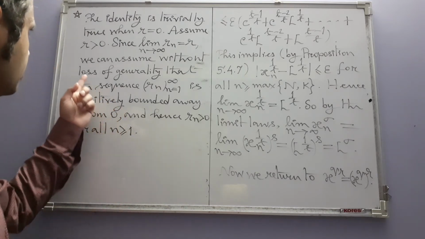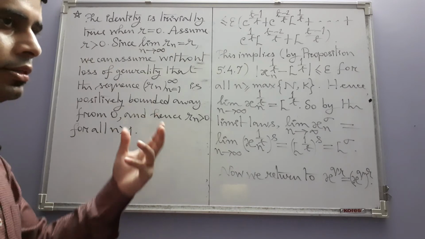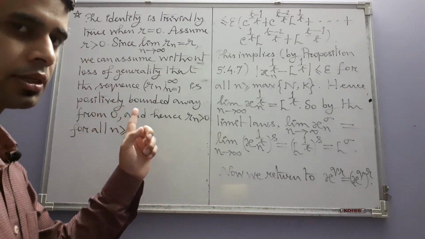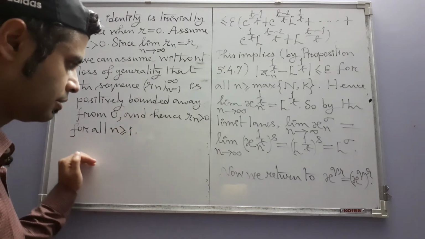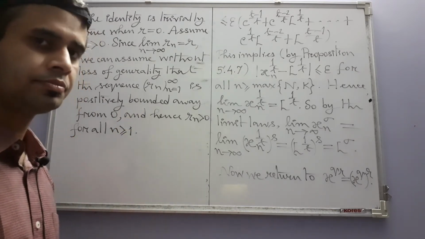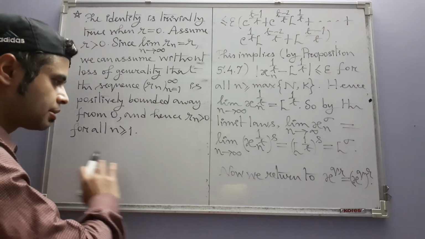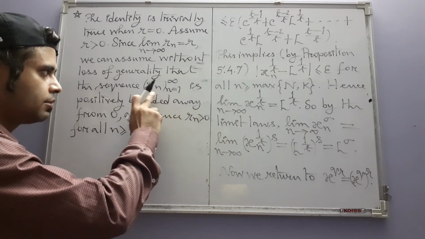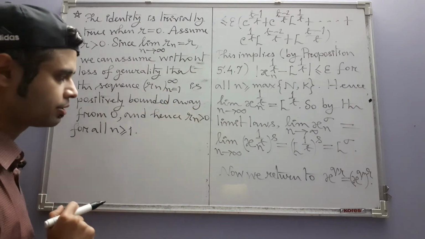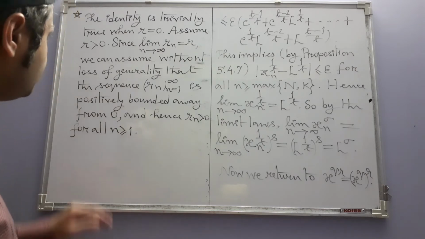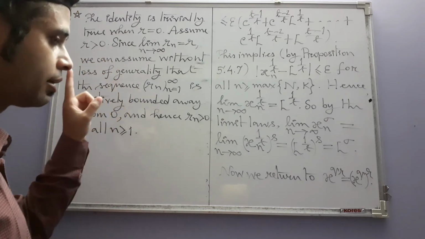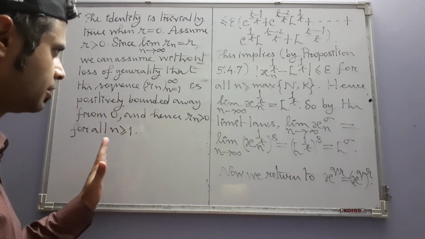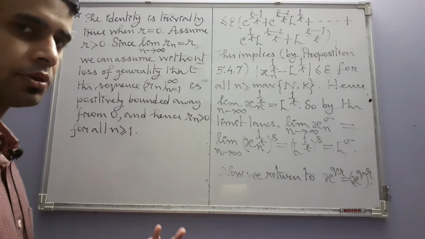But now, since we have this additional assumption R is greater than 0, we know from our previous results that we saw when we developed the theory of order in the system of rational numbers, that if a real number is positive, then there exists a sequence of rational numbers converging to that real number, which is positively bounded away from 0.